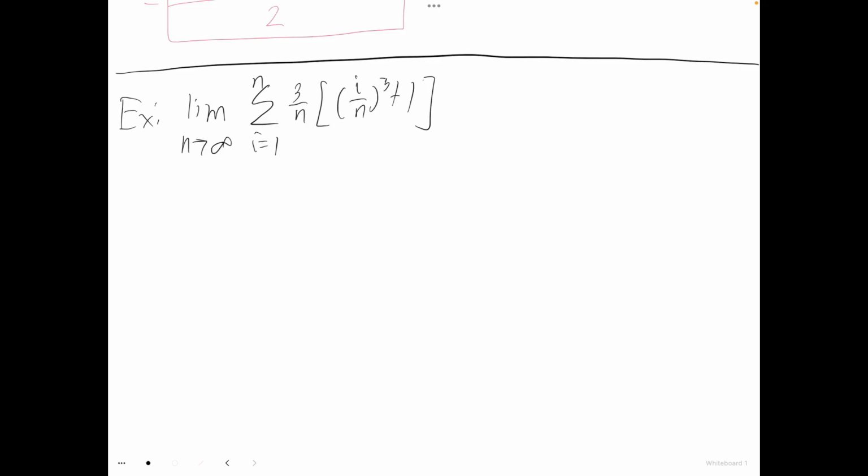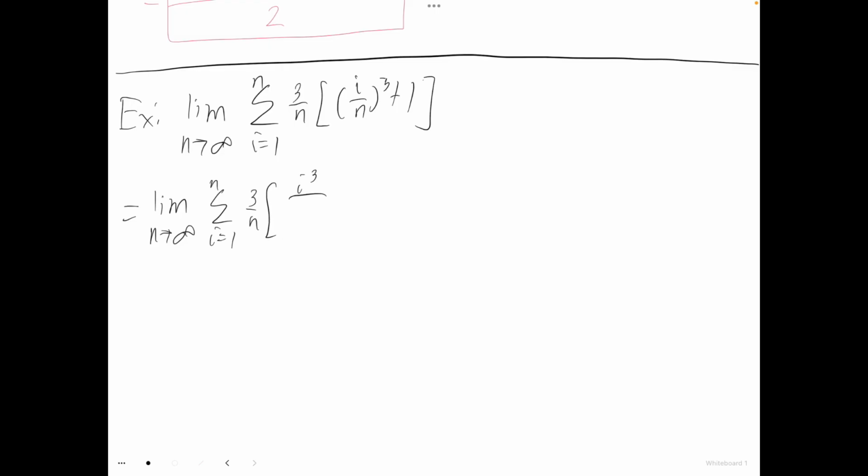And so to start with, we could pull the 3 over n out of the summation, and in fact, that would be totally fine. Or we can leave it in. I'm going to leave it in for a moment, just because I'm going to multiply things out. So if the limit is n goes to infinity of the sum from i equals 1 to n of, I'm going to just leave the 3 over n alone for a second.